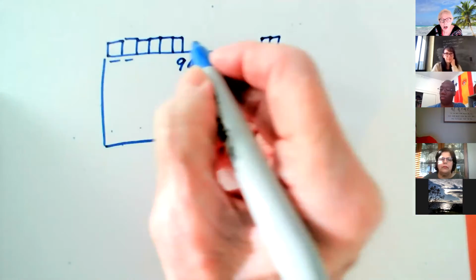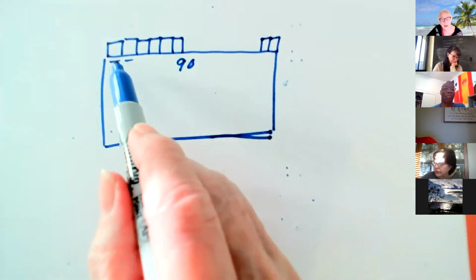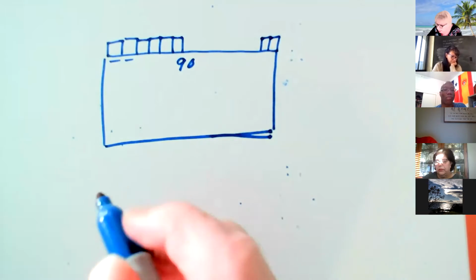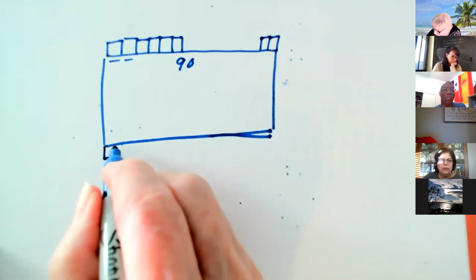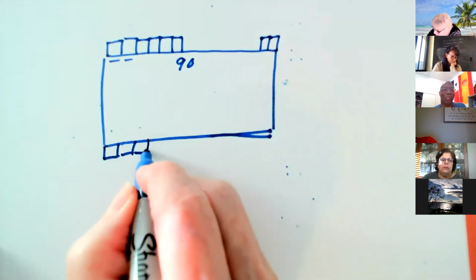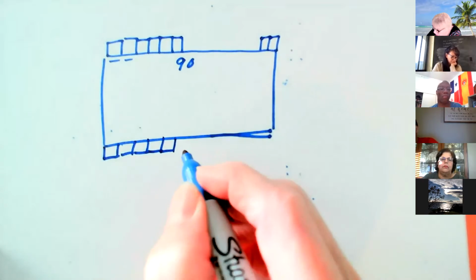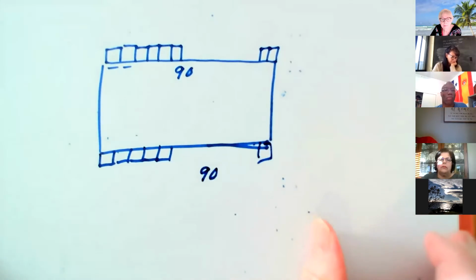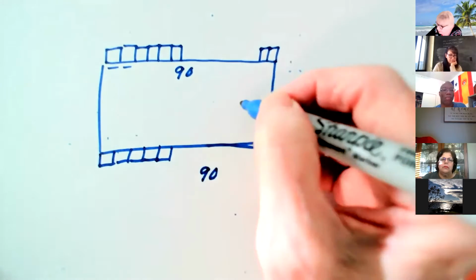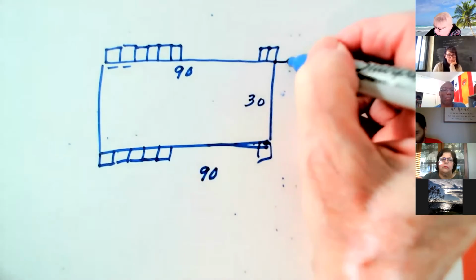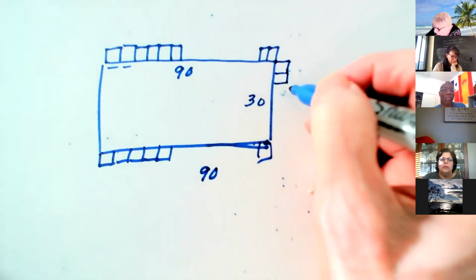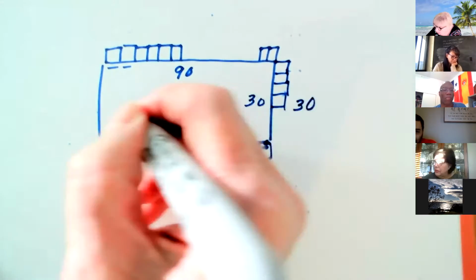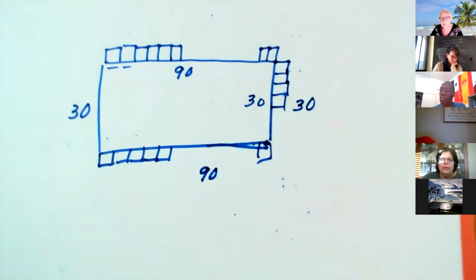Okay, so we put tiles all around. So clearly for this side, we needed 90. And so on this side, that's what they said, they're putting the tiles around the edge. You would need, again, 90. And then this side was 30. So when you started putting the tiles, you would have 30 here and you would have 30 here.